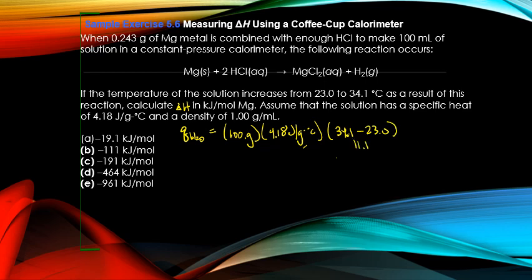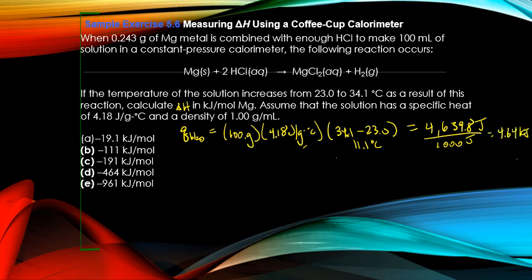So that's going to be 11.1 degrees Celsius. So my Q for the water, when I multiply that out, gives me 4,639.8 for my number of joules. So in this case, again, dividing that by 1,000 to get the joules into kilojoules, that would give me 4.64 kilojoules of energy.